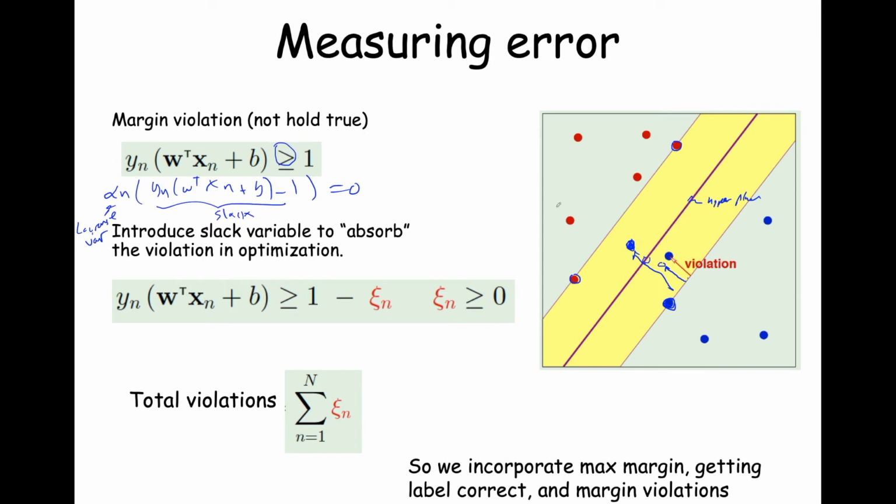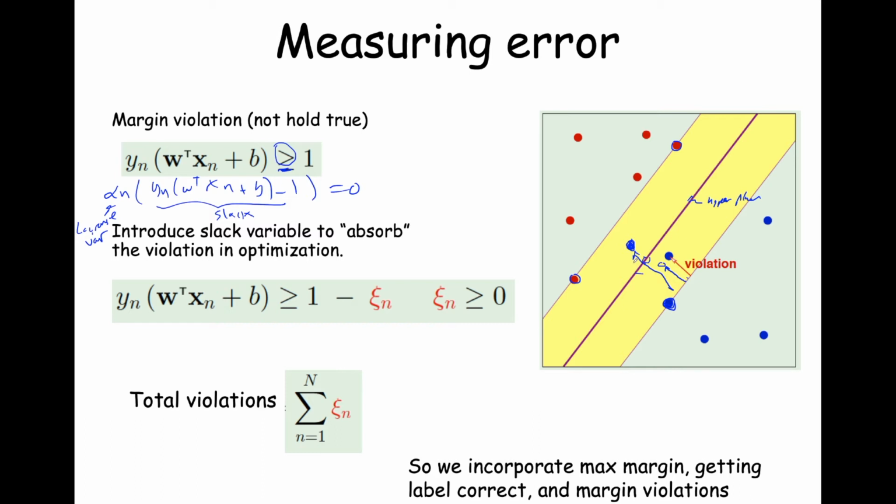Now we need to account for the fact that if you have a margin violation, you're in this direction, closer to the margin, you can even cross the margin, meaning you're misclassified. We need to account for that violation. So what does this do? This violation subtracts from that on-margin case. For the on-margin case, we refer to equality, equals 1.